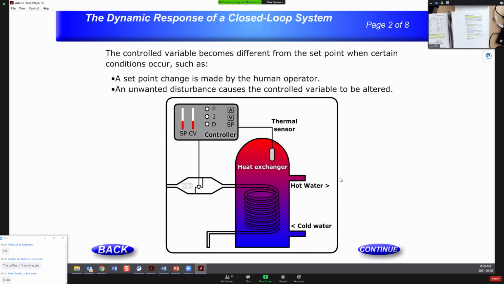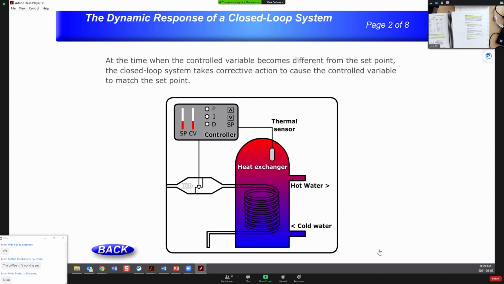So the process might not always be at the set point. One thing is the operator can change the set point. Another thing is some unwanted disturbance can cause the controlled variable to change from the set point. When that happens, the closed loop system is supposed to take a corrective action to make the controlled variable match the set point.